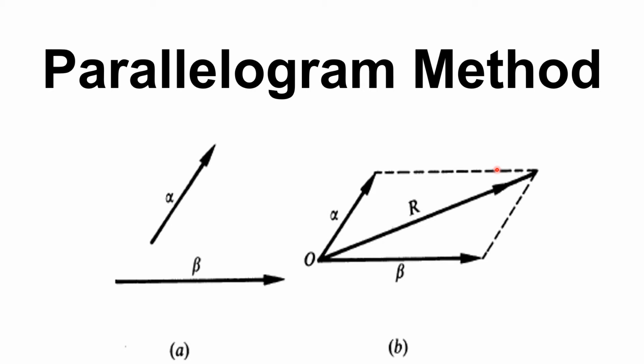The complete parallelogram having these two vectors as adjacent sides includes the directed diagonal issuing from point O, that is the resultant vector, or the vector sum of the two given vectors.